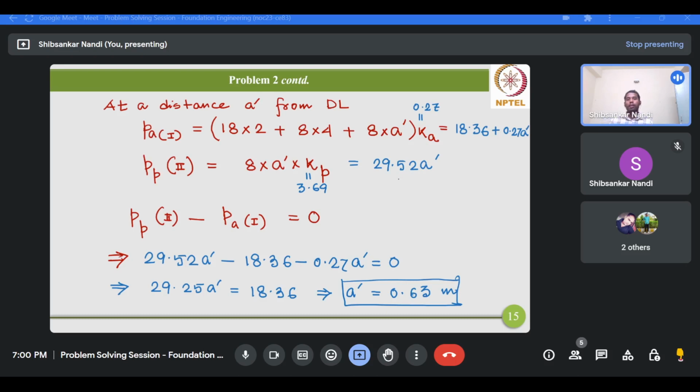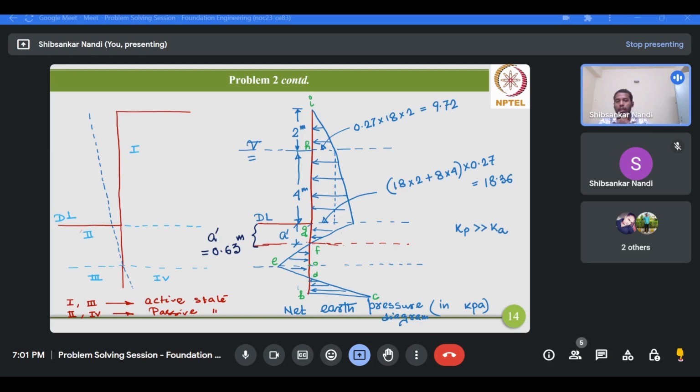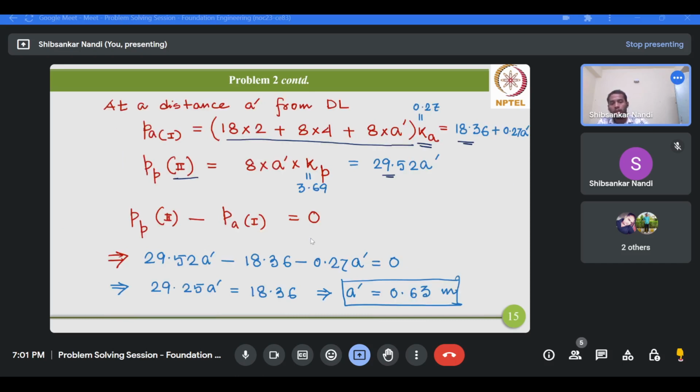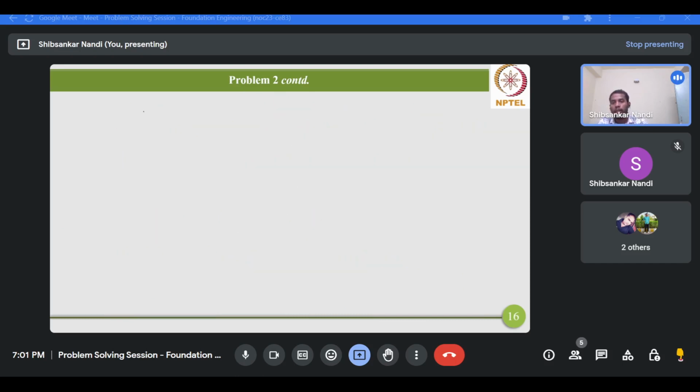How that is, I am showing here: the difference between this Pa and this Pp, because here also I am rounding off and here also I am rounding off, so this value will be slightly modified compared to the actual value. Otherwise it's fine. In this way you can determine the value of A prime, or you can determine it from the fundamental equation.